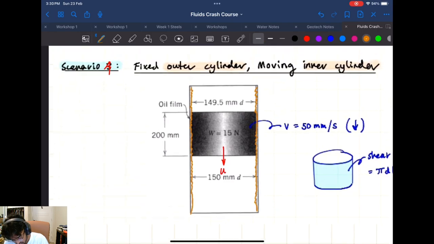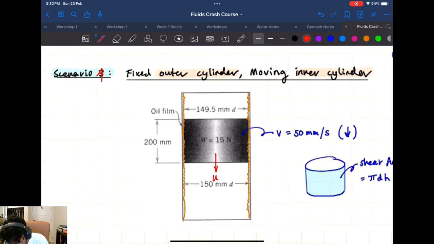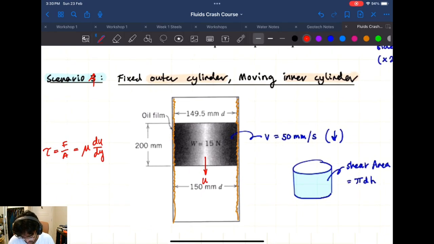So the law of viscosity still holds. So tau is equal to F over A, which is equal to this times du over dy. So what is the shear area in this case?